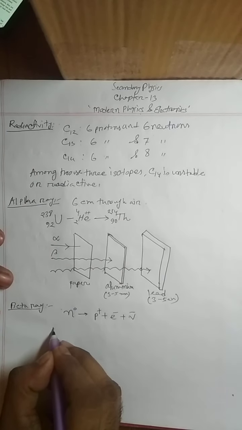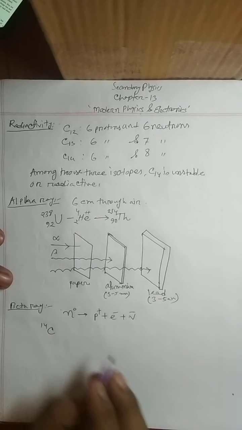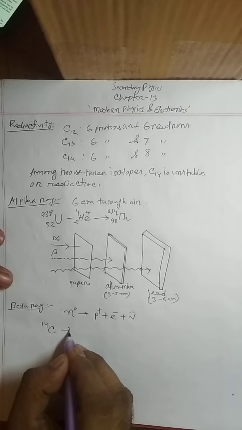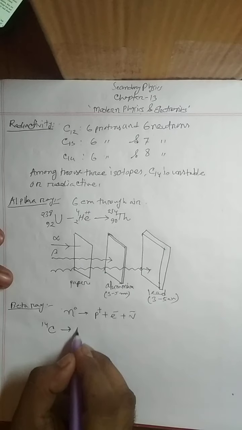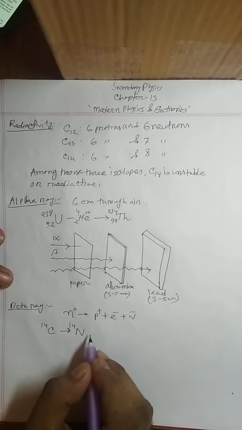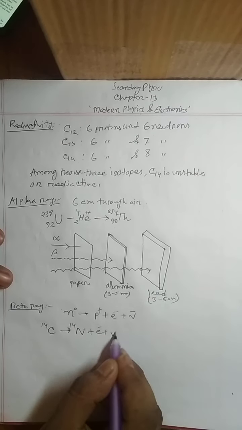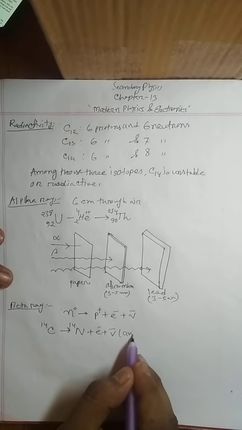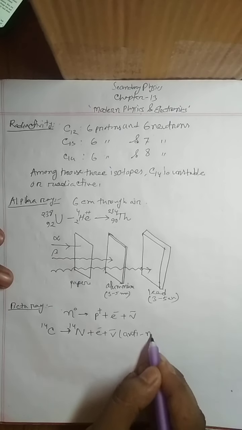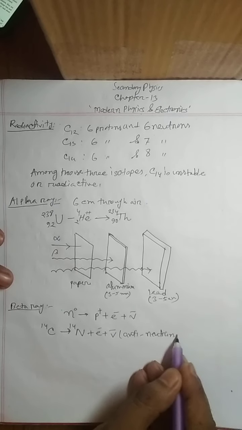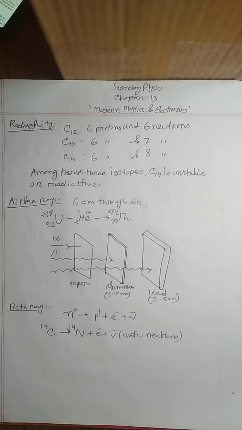Like that, C14 is converted into N14 and an electron plus an antineutrino. The interesting matter is that the emission of electrons is only one kind of beta radiation from inside the nucleus.